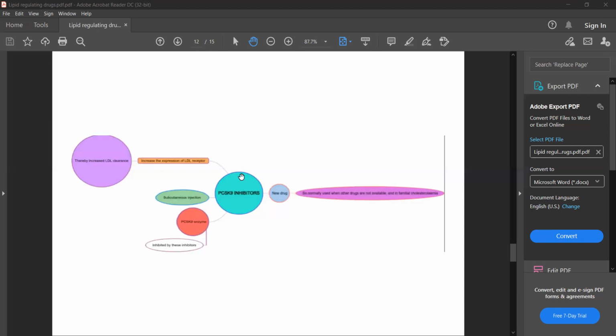So any drug that could target this enzyme and inhibit its action is allowing LDL receptors to be expressed more. All right. So basically, by inhibiting PCSK9, we are allowing more and more LDL clearance to occur. Okay. Right. So that is all that you need to know about PCSK9 inhibitors.